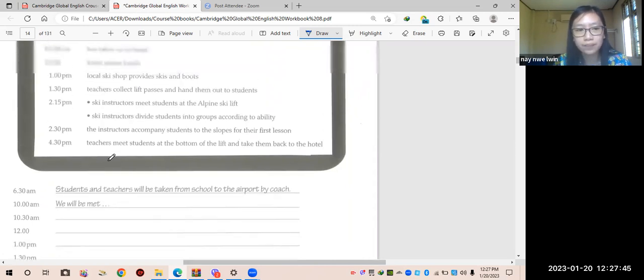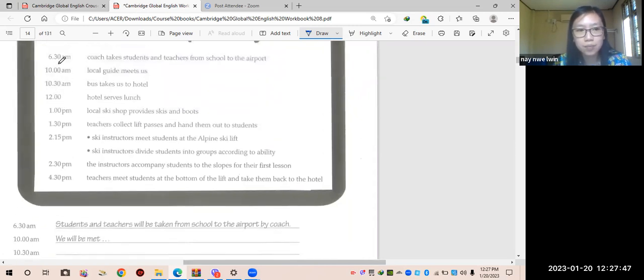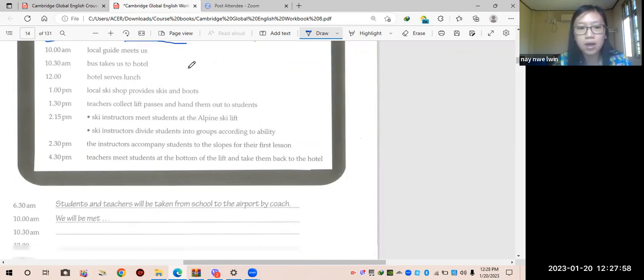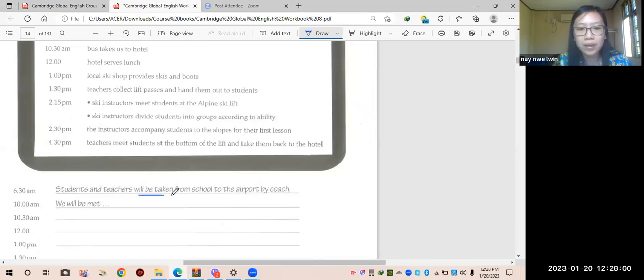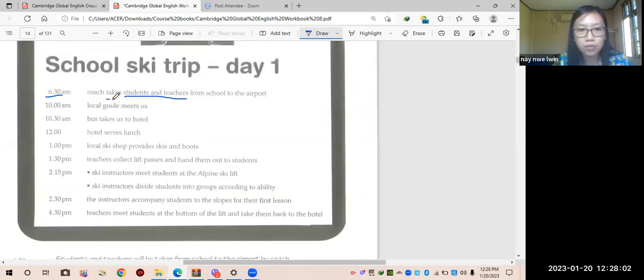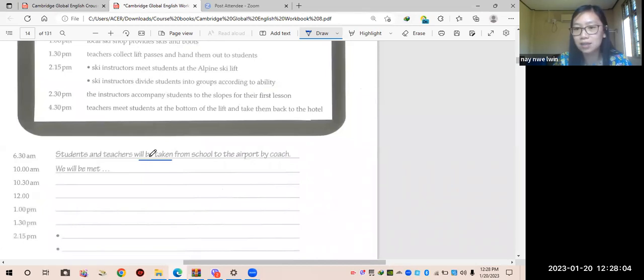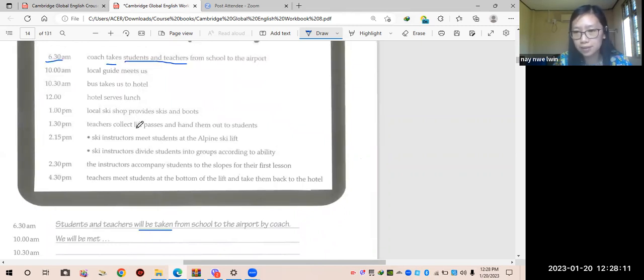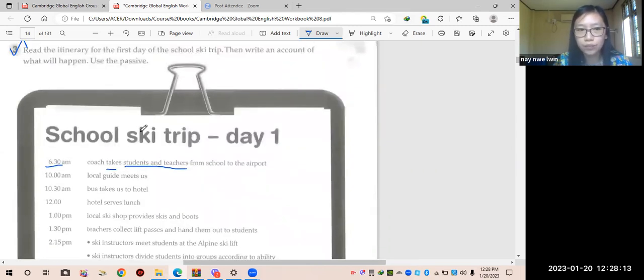Number 1, the 6:30 activity, has been done as an example. Like "coach takes students and teachers from school to the airport," right? Here, students and teachers are the object of the sentence. So students and teachers will be taken. "Take" is transformed into "will be taken" as it is passive form. You just have to transform every sentence into passive voice. Is that okay as homework?